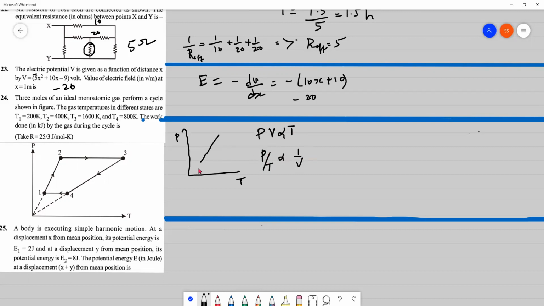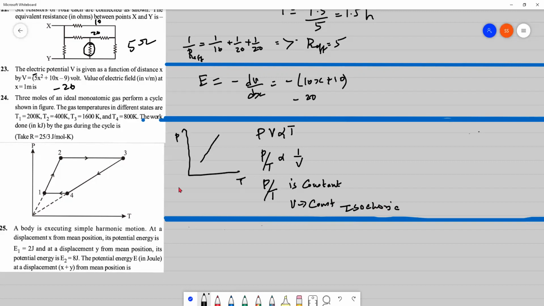If the slope of the PT graph is constant, then 1 by V, that is V, is also constant. Which means that is the isochoric process.